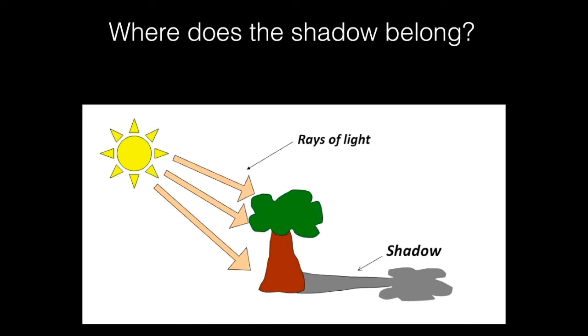When the light from the sun hits the tree, the tree blocks the light from passing through, creating a shadow on the ground on the opposite side of the light source. So this is all very scientific, and we need to understand why a shadow is cast, and where it is cast, before we can add shadows to our project.